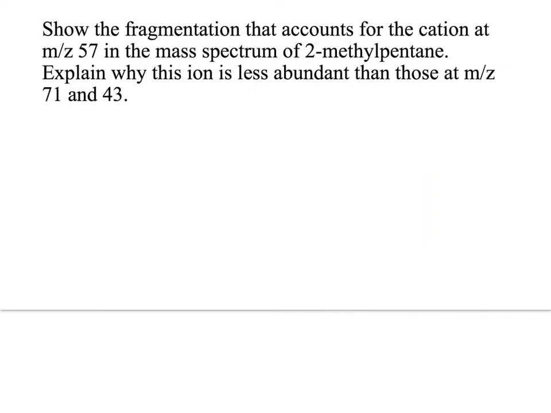Okay, so for this one, you want to draw the structure of 2-methylpentene, 1, 2, 3, 4, 5. And now, mass spec, this is going to bombard the sample with electrons, and then it's going to fragment. And so when you fragment, you're going to get a positive charge plus a free radical.